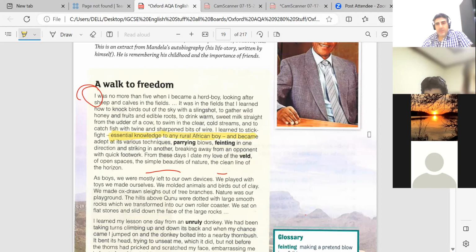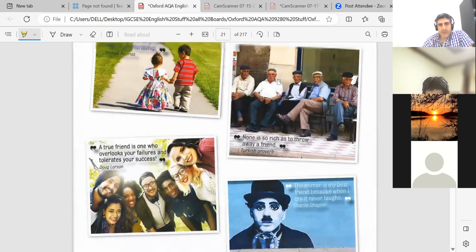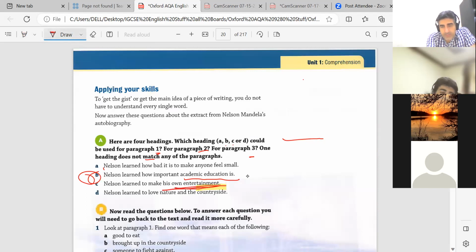Right. What about C? Who can answer? Yalla, Muhammad. Paragraph 2. C, learn to make his own entertainment. I like this word. What does entertainment mean? Enjoyment, feeling happy, having fun.